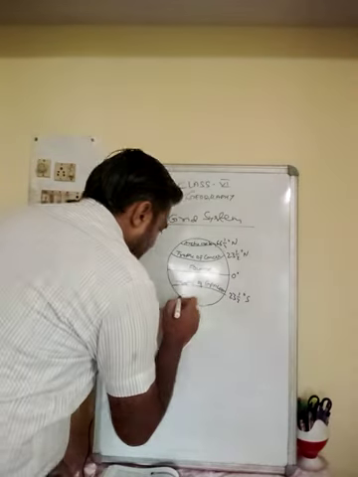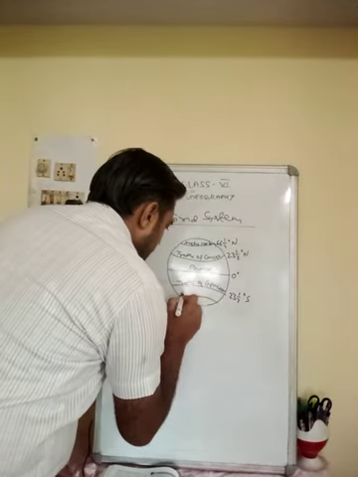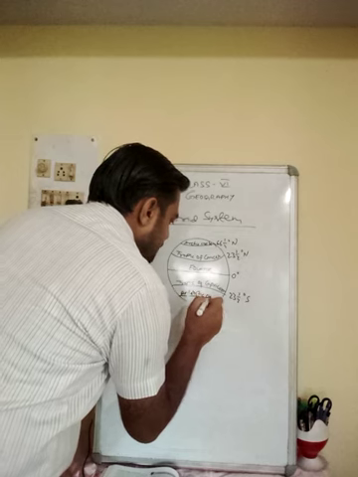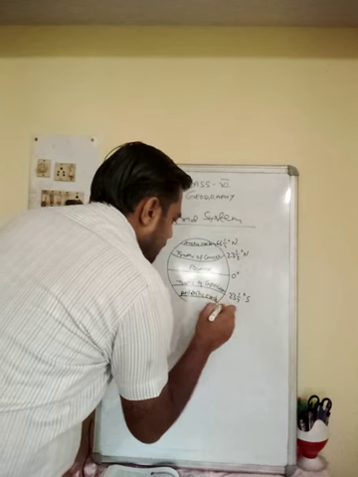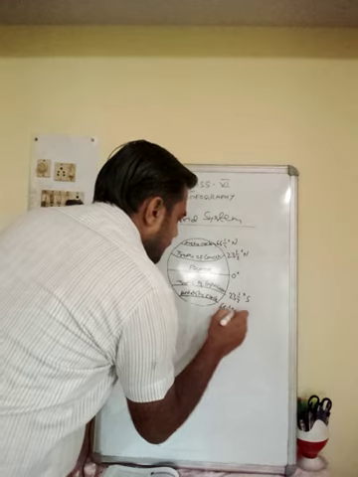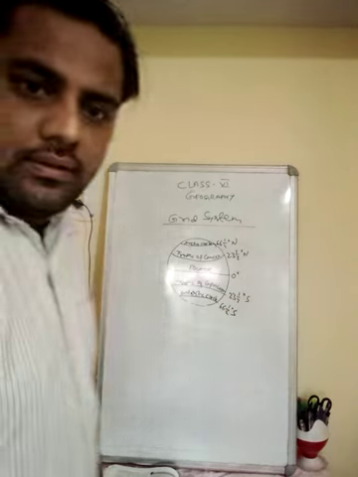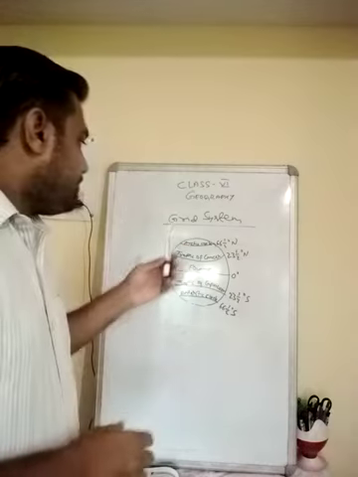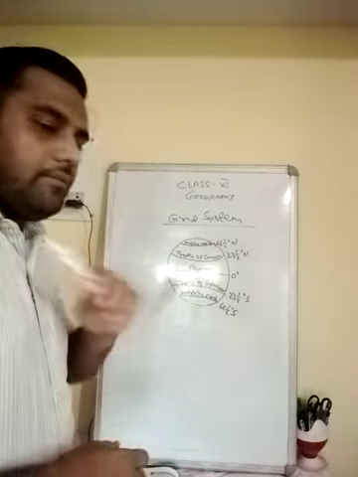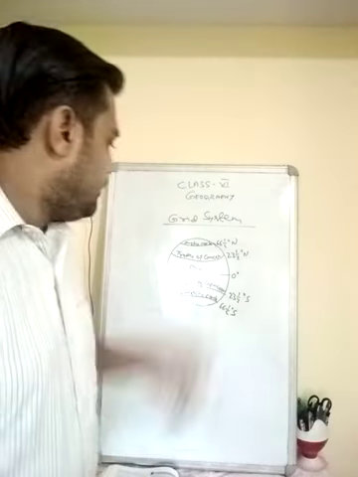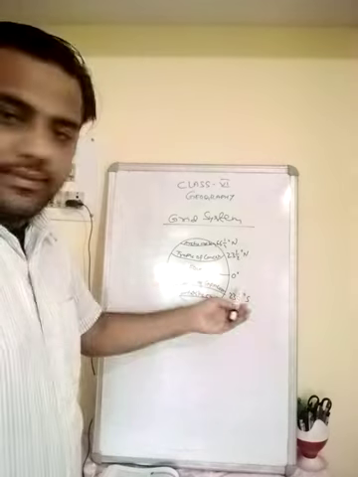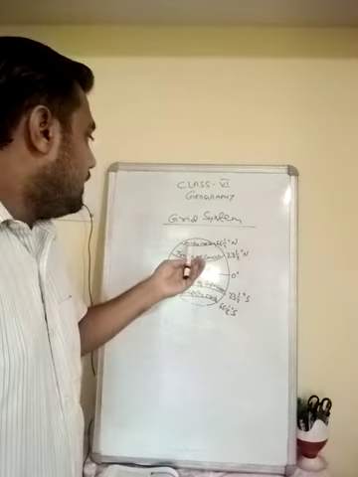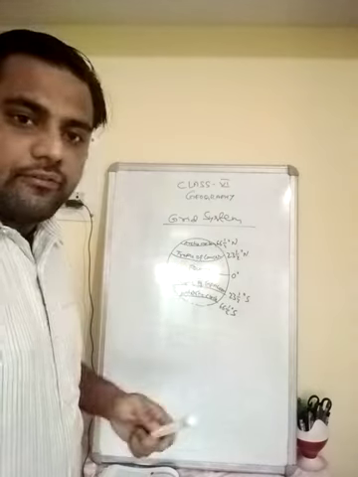And then you have Antarctic Circle, 66.5 degree south latitude. So once again children, there are 5 important lines of latitude. They are equator at 0 degree, Tropic of Cancer at 23.5 degree north, Arctic Circle 66.5 degree north.